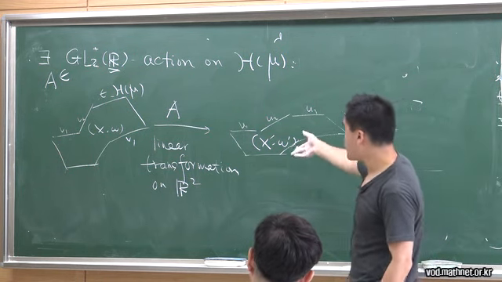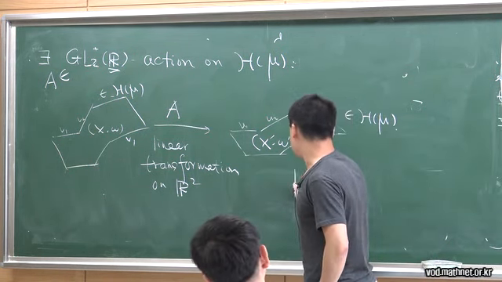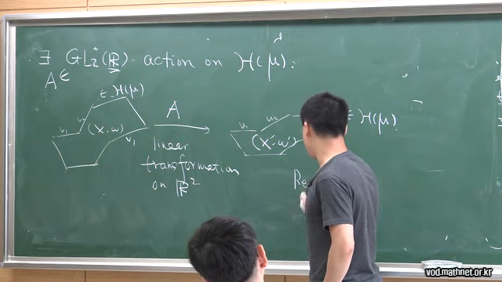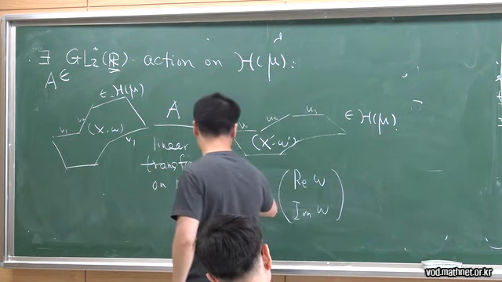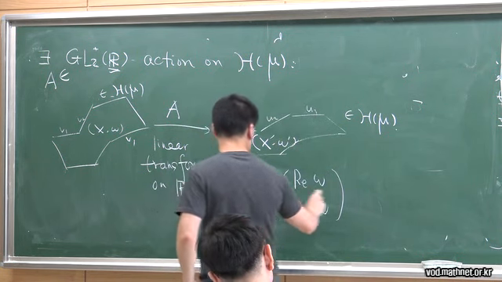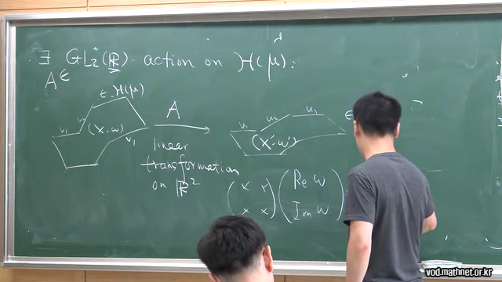A more intrinsic way to say that is that you take the real part of the omega and the imaginary part of the omega, and you apply this 2×2 matrix, and you get something like the real part of some omega prime and the imaginary part of omega prime.